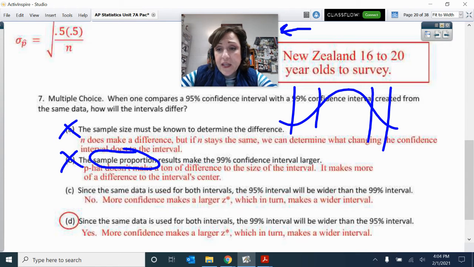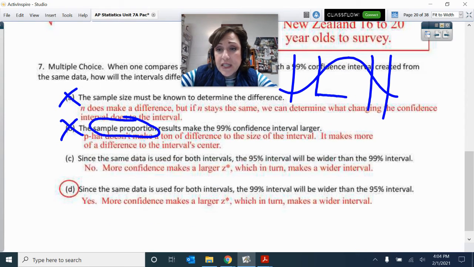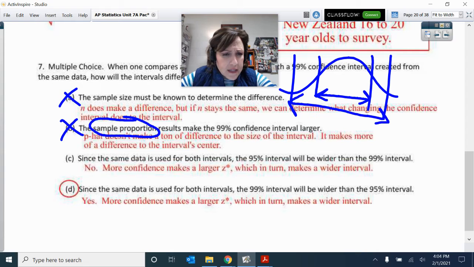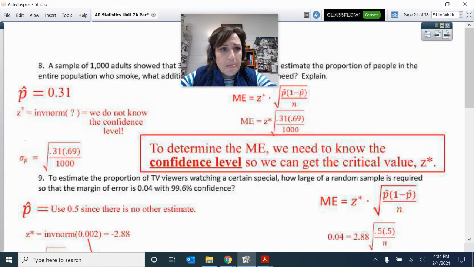It's that critical value. That Z star is going to be a larger number because you are farther out. Since the same data is used for both intervals, the 95% will not be wider. The 99% one is wider, so that's why D is the answer.